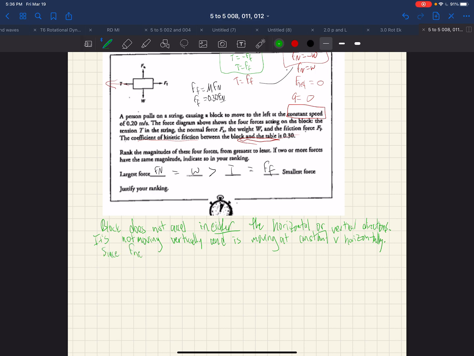Since F net equals ma and a equals 0, then the net force equals 0. F net is the sum of the forces, which are T and FF horizontally, and force normal and the weight vertically.